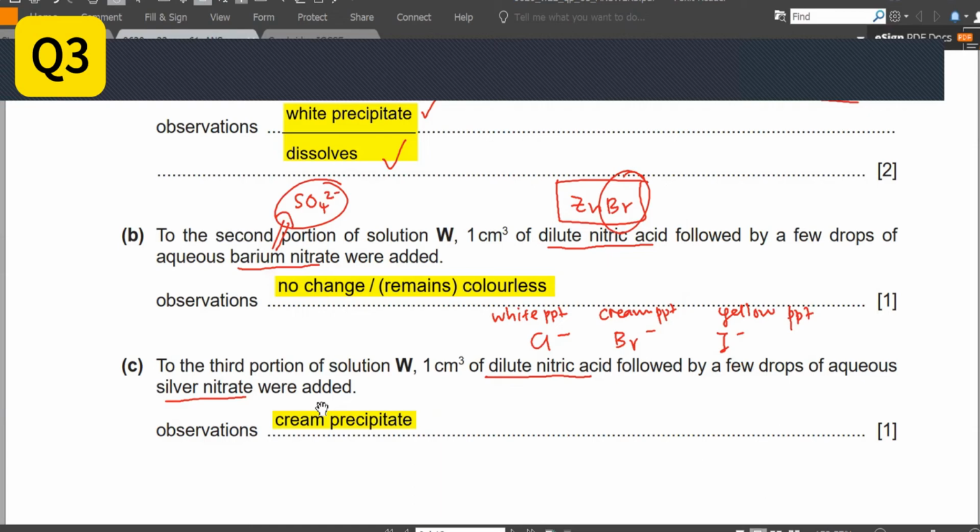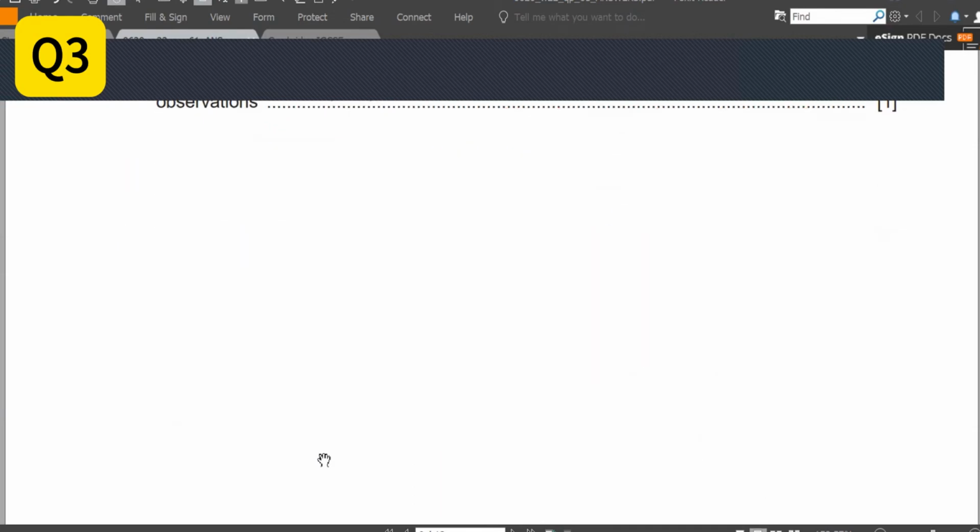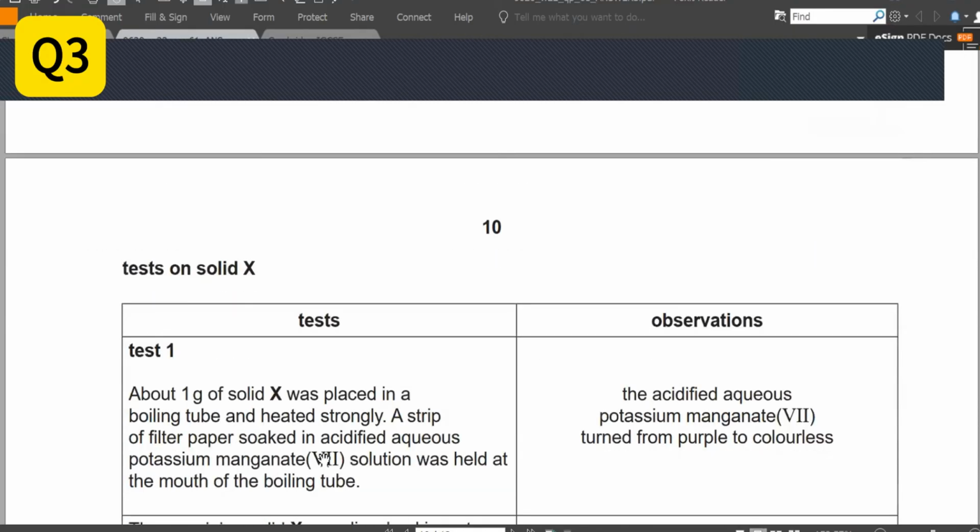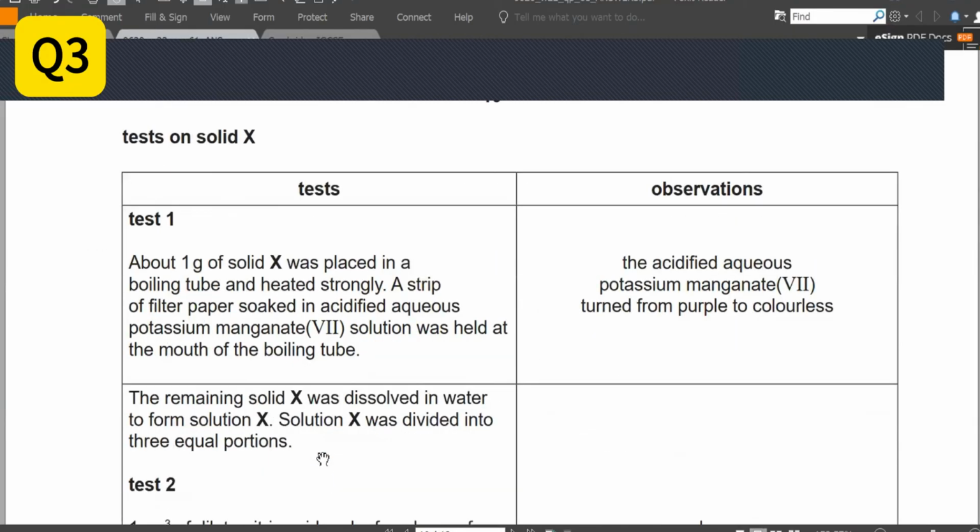Moving on to the next question. Here the solid X is unknown, so we are running some tests. Based on the test results, we can get some information.